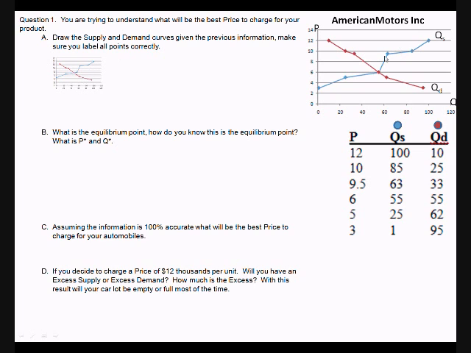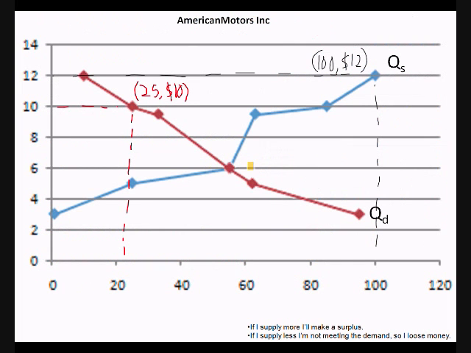We're done. Number 2. What is the equilibrium point? And how do you know it's the equilibrium point? What is the equilibrium price and the equilibrium quantity? So this is actually real easy to find. We know that the equilibrium point, and let's go back to the big graph here, is the point where quantity supplied and quantity demanded intersect.